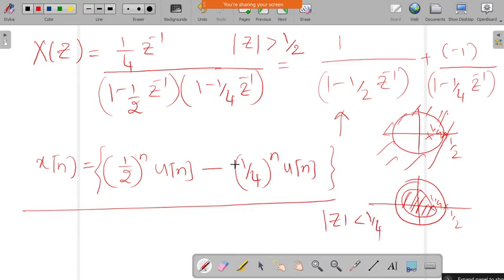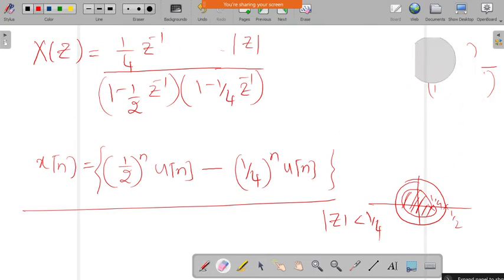How will it change? Since it is inside the least pole, you have to take a negative sided sequence. How we take it, I will tell you. For the same problem, we take Z less than 1 by 4 and solve.